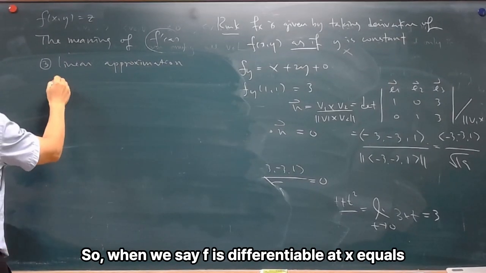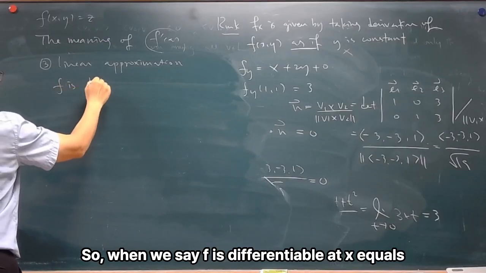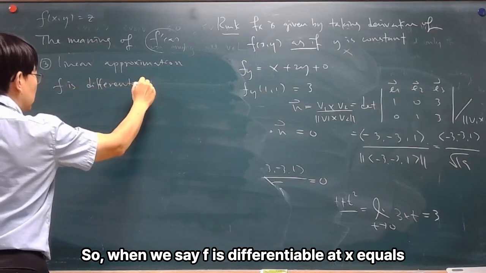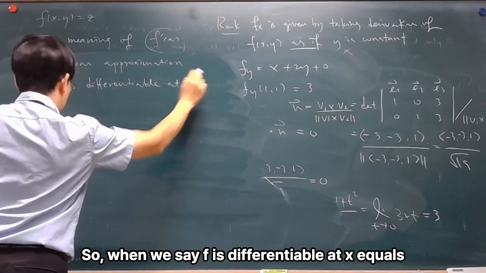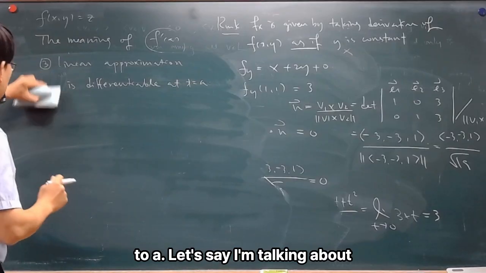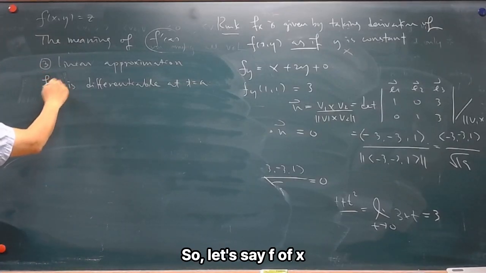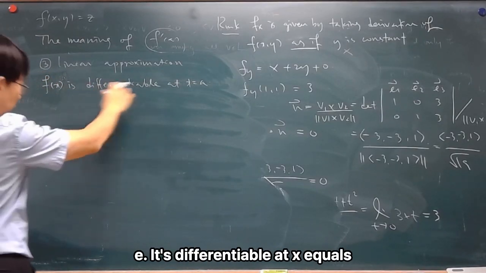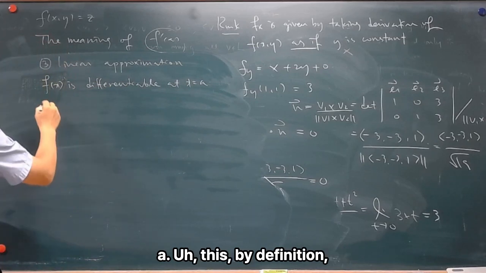So when we say f is differentiable at x equals a, let's say I'm talking about the single variable case. So let's say f of x is differentiable at x equals a.